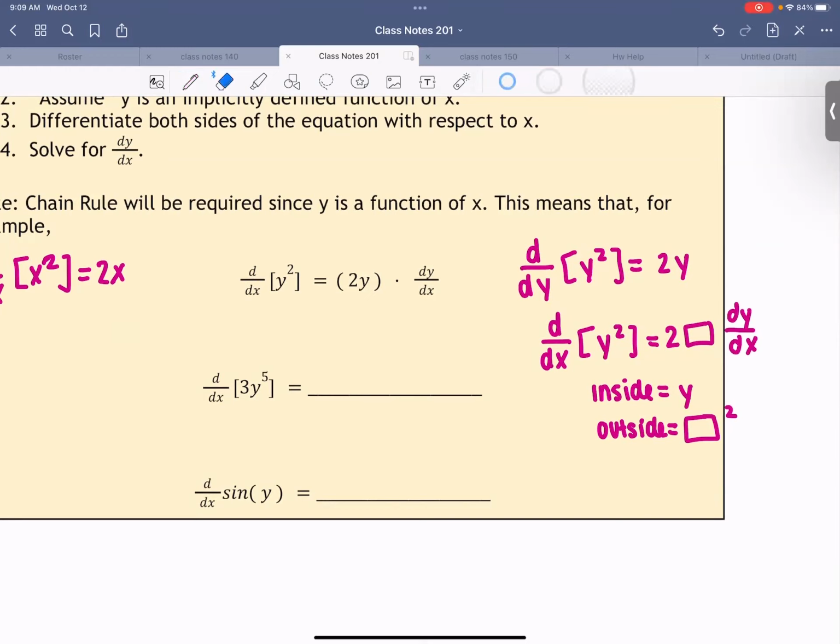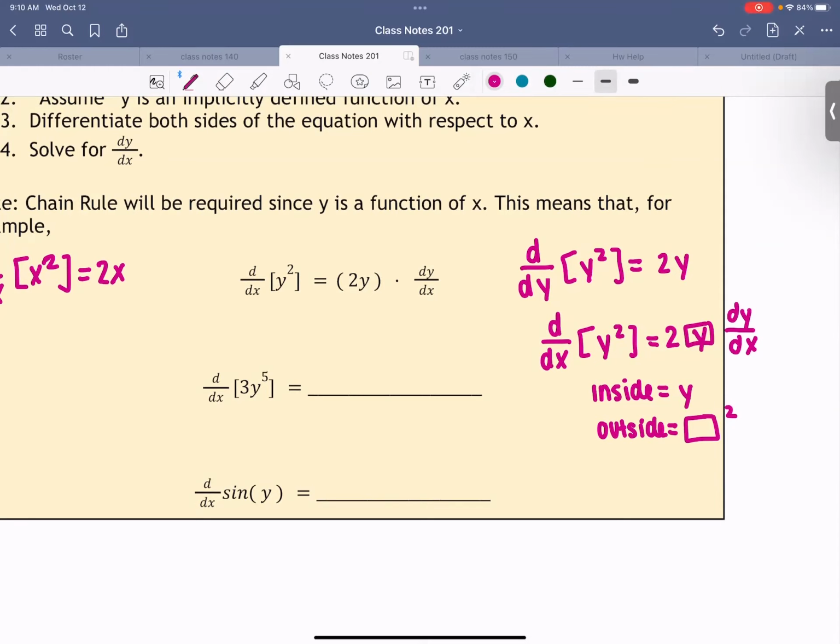So putting this all together, the derivative of y squared is 2y dy/dx. Essentially, when we find the derivative of something involving y, it's going to be the derivative with respect to y times dy/dx.